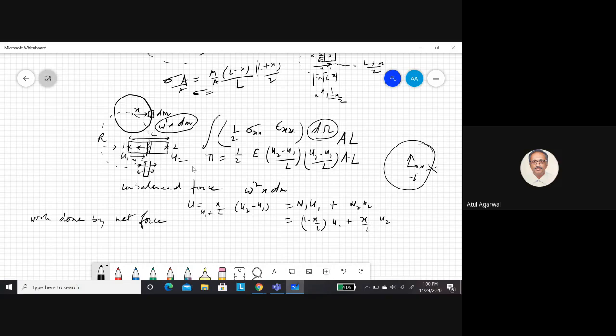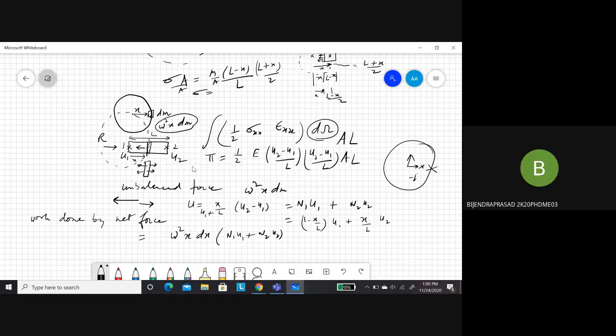You see this force is acting in this direction and your displacement is in this direction. So you say work done by net force.